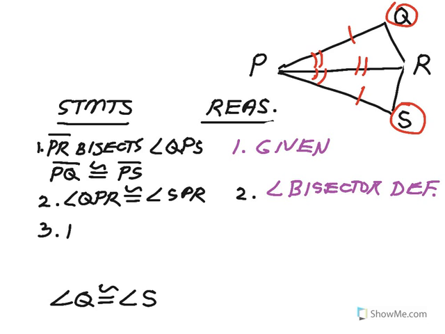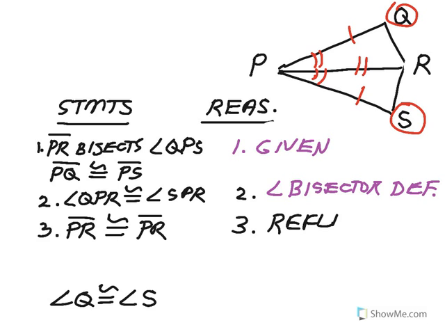So I can say that PR is congruent to itself, and that would be, of course, the reflexive property. And then I've got those two triangles congruent.